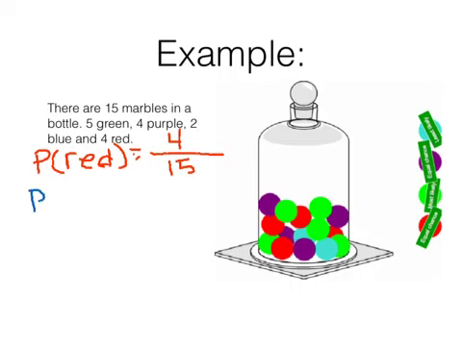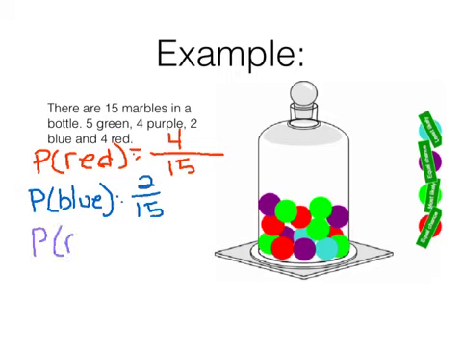Okay, what about the probability of blue? Well, there are 2 blue in the bottle, and there are 15 total. So the probability of blue is 2/15. We can look at combined probability too.